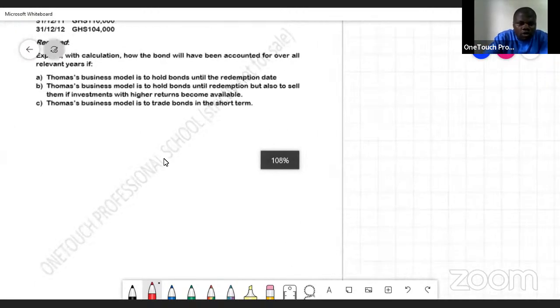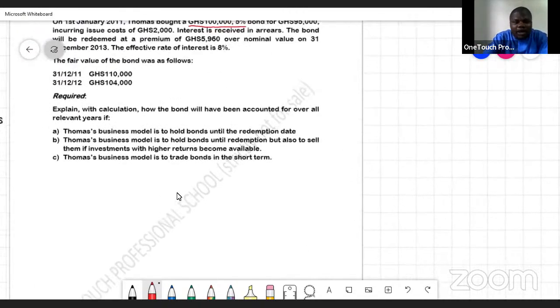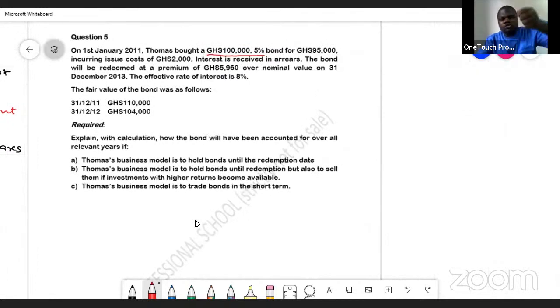Take note. Once the entity is the one buying, once you see Thomas bought, Thomas purchased, Thomas acquired, Thomas invested, Thomas loaned, this word denotes the fact that you have a financial asset. If it's a debt instrument, you have a loan investment.